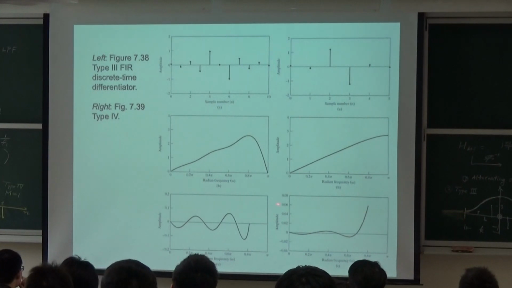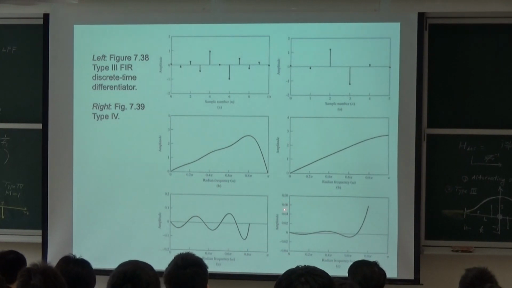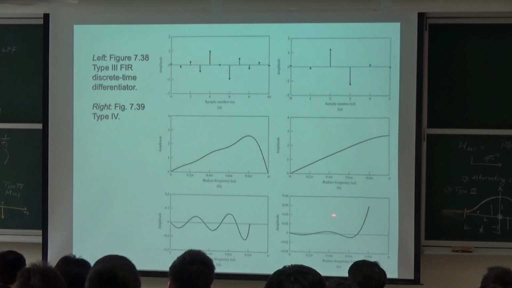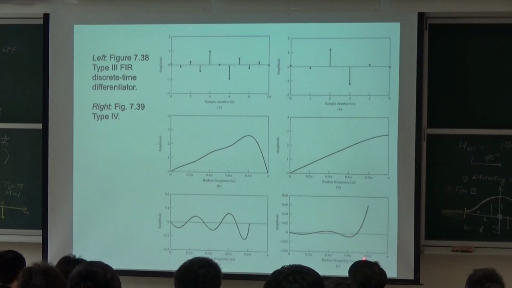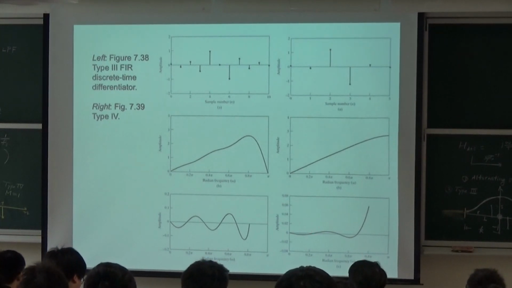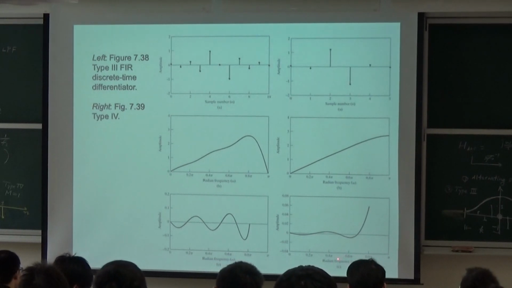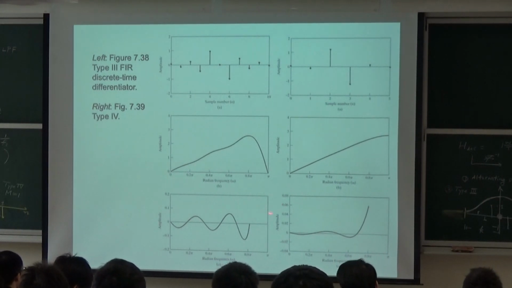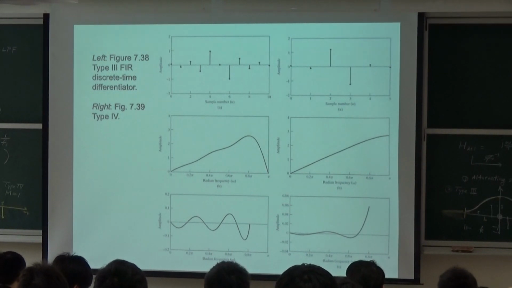The approximation error here for type 4 is smaller, if our range of interest is from frequency 0 all the way to 0.85. So we're plotting the approximation error from 0 to 0.85. Okay? So here clearly we see the error is smaller for type 4 than for type 3, right?